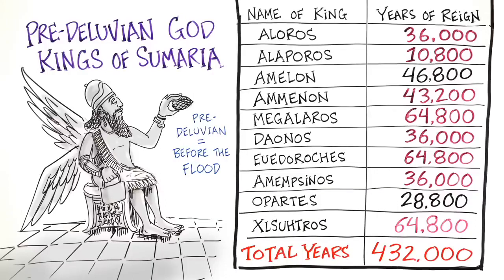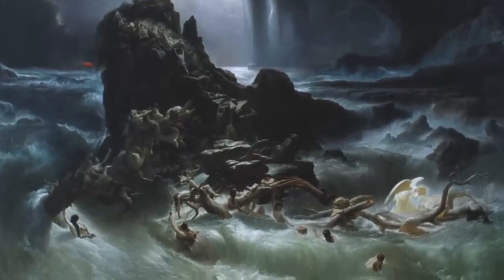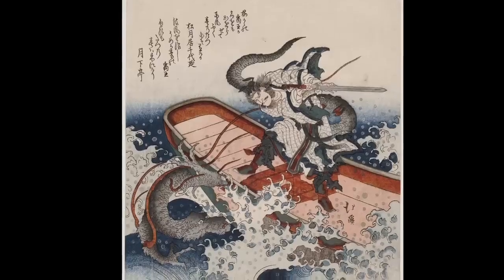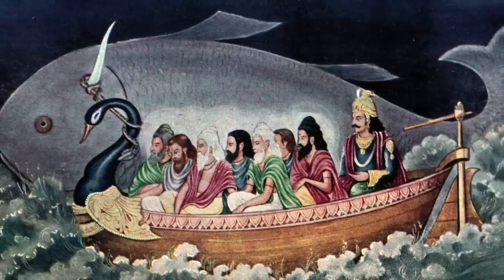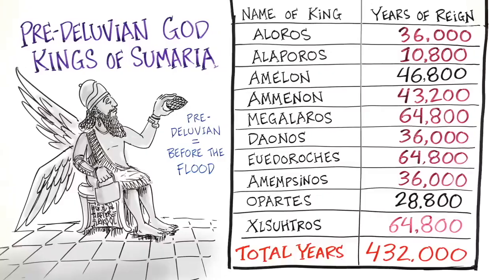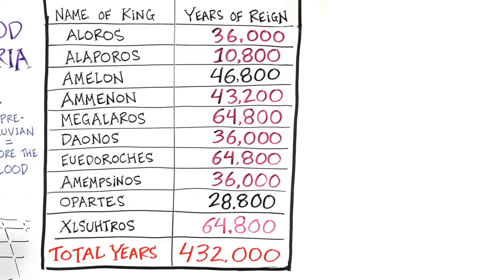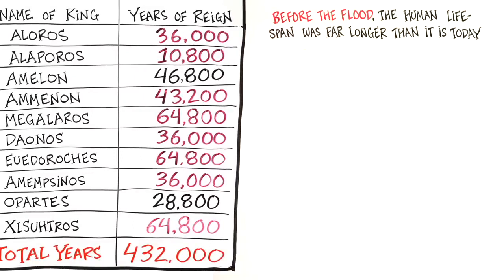I tend to think it was symbolical, but it is interesting that one of the universal traditions from ancient cultures is that before the flood, and all the cultures from all over the world recognized that there was a great flood or even floods that decimated humanity at various times. But they're all pretty much in agreement that prior to the flood, the human lifespan was much longer than it is today.